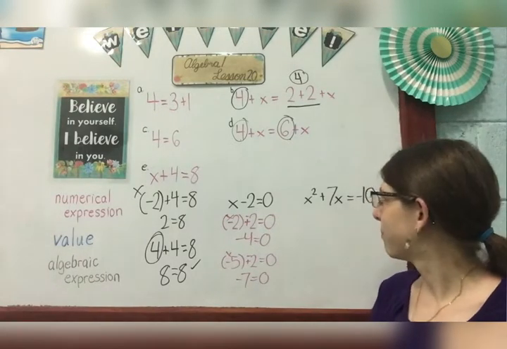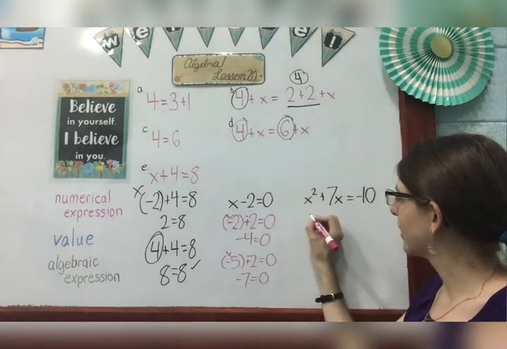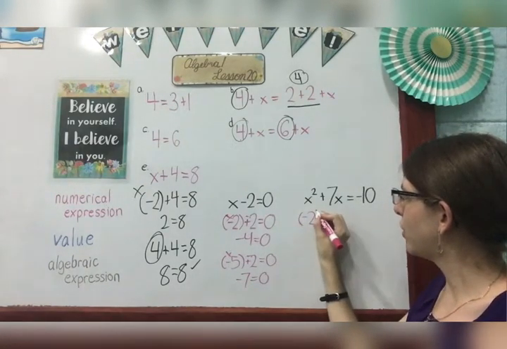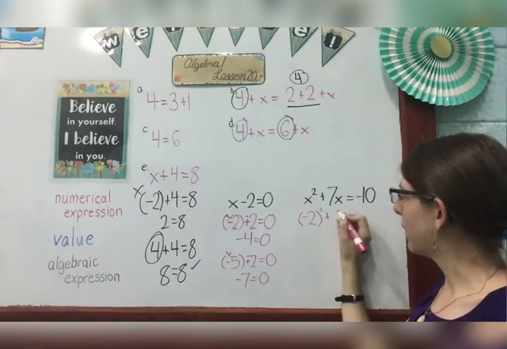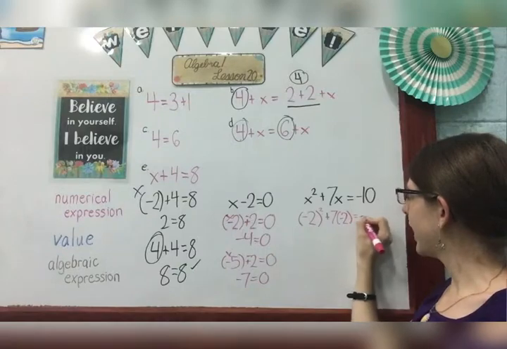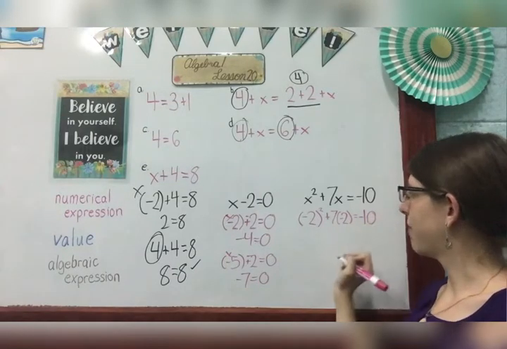How about B? I'm going to start with negative 2 for x. So I have negative 2 squared plus 7 times negative 2 equals negative 10.